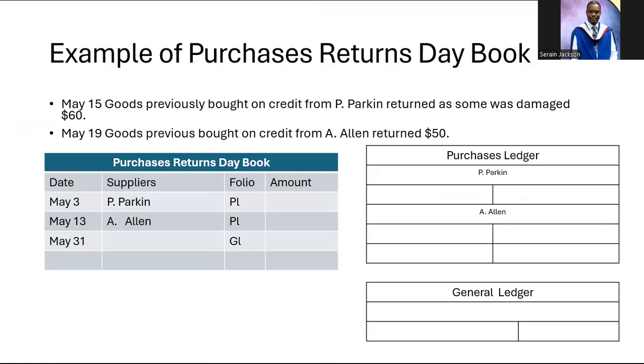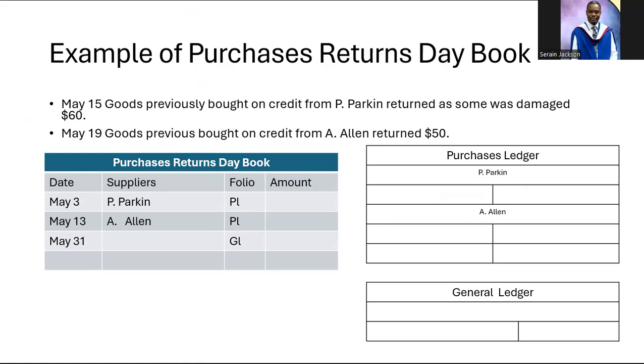Now, if you look at the purchases returns daybook, you realize that it is drawn up in the same way. Remember, in my previous videos, I said that all the journals are drawn up in the same way. So you have a date, you have your suppliers in this column, the folio, to show where the other side of the transaction is, and the amount.